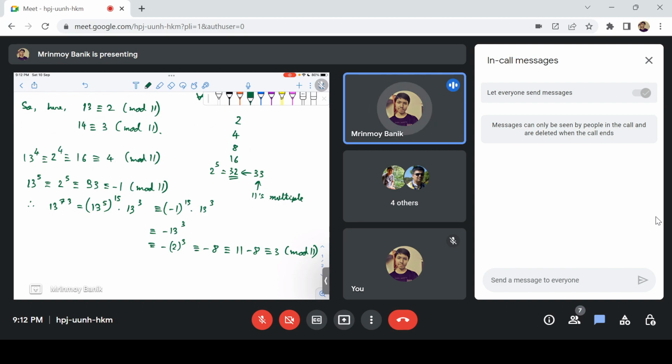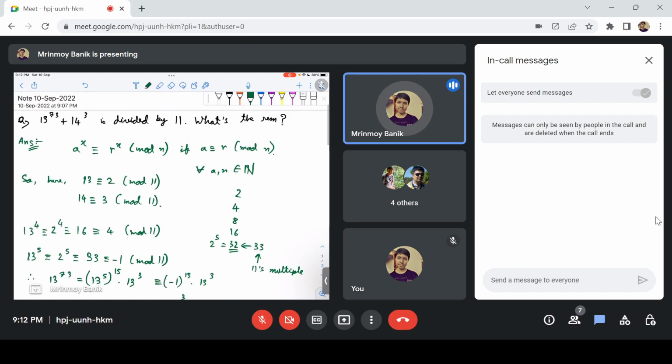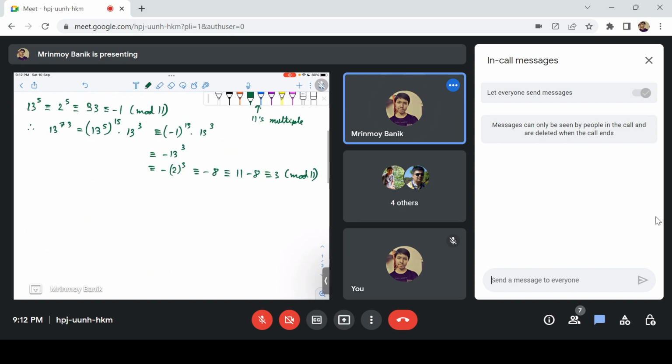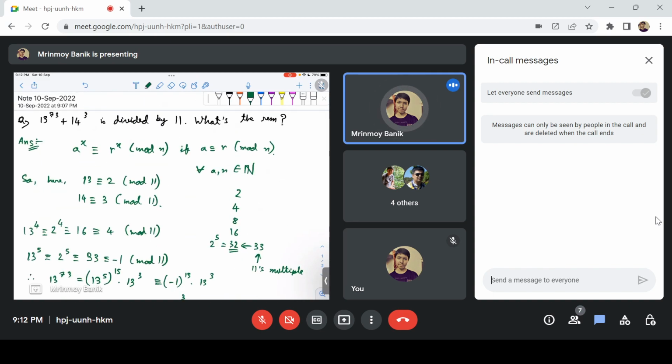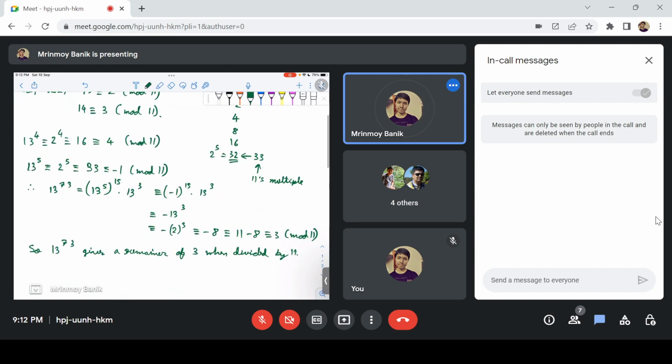So the first term gives a remainder of 8 when divided by 11. Right, so anyone has any doubt why this works? This is all due to the properties of congruence.